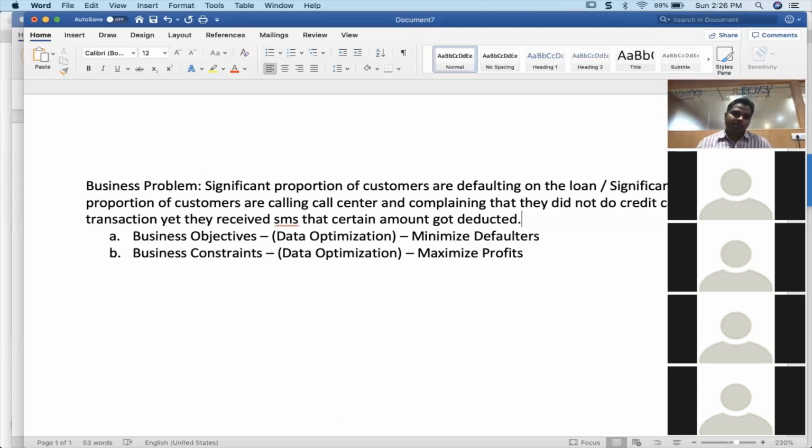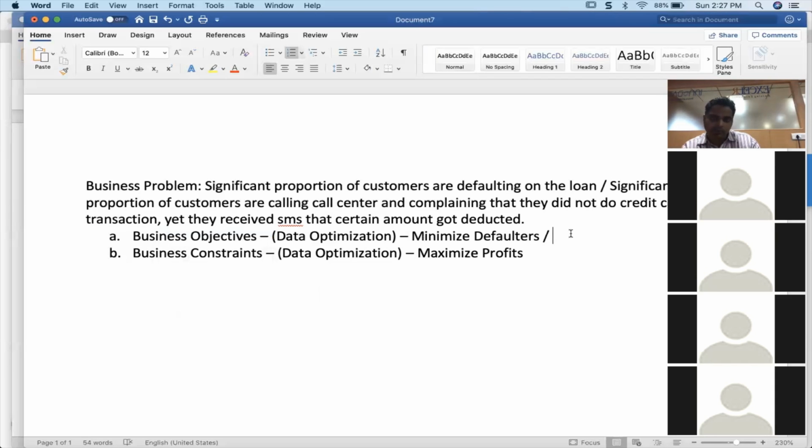Then, if you are the data scientist, what will be your business objective? What do you want to do? Vamshi, Vivek, Vinod, what is your objective going to be?